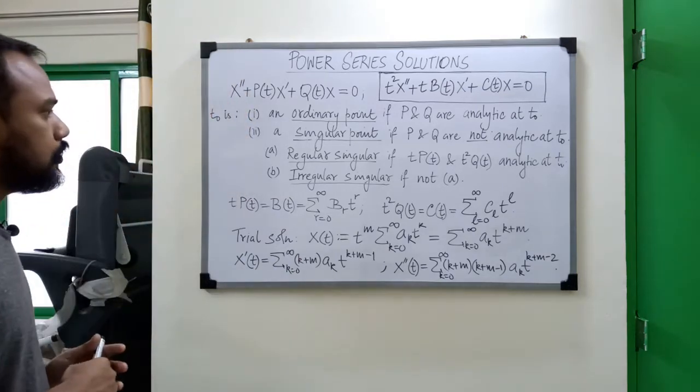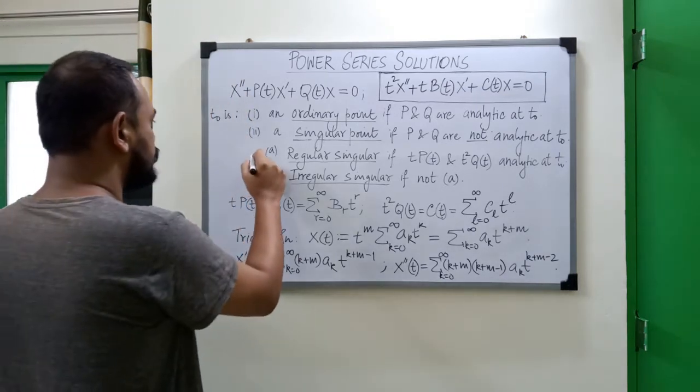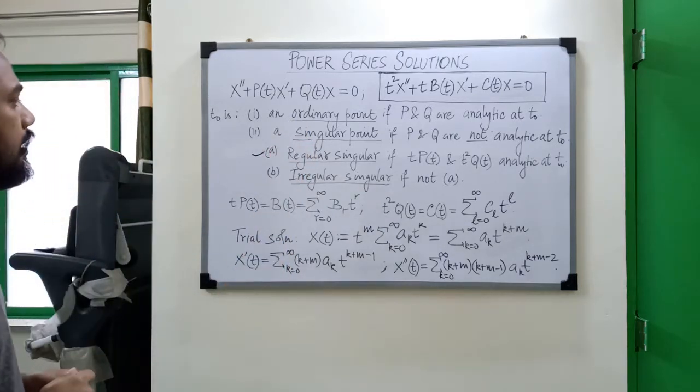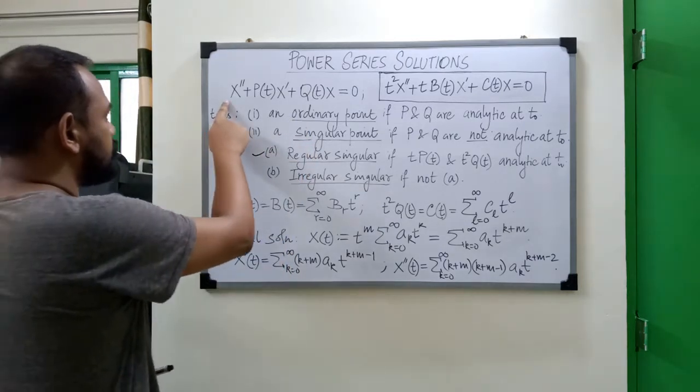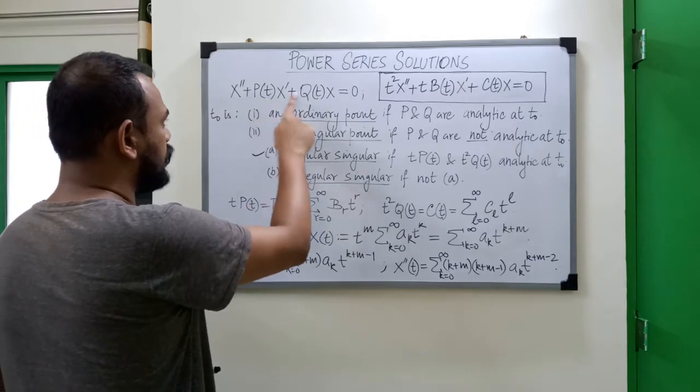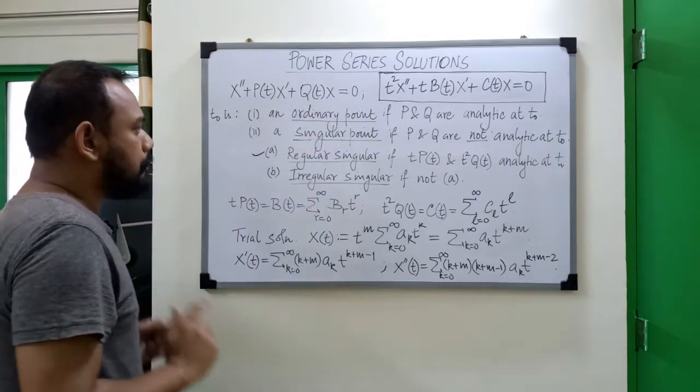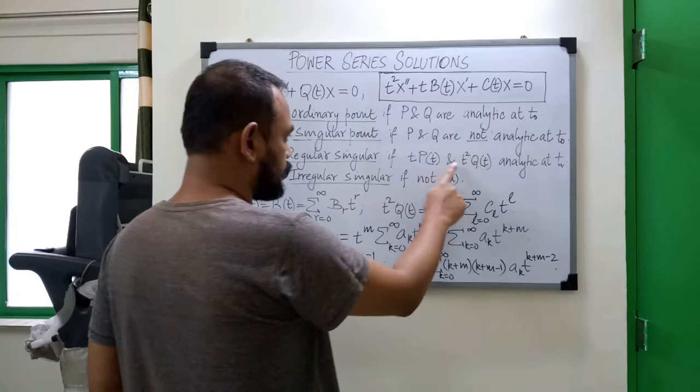So we are going to concentrate on the regular case today, where we have a second order linear differential equation with non-constant coefficients P and Q, but t0 is a regular singular point. In other words, this holds.